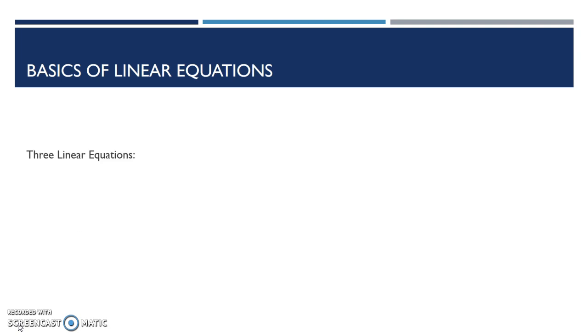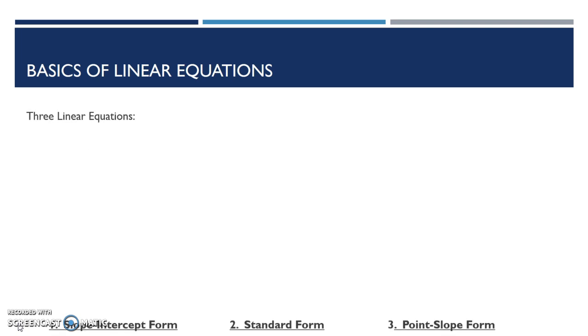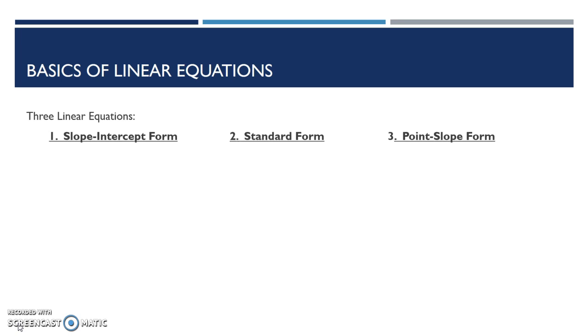First of all, you should know that there are three basic forms of linear equations, and those three forms are slope-intercept form, standard form, and point-slope form. Well, the most common is slope-intercept form. That's y equals mx plus b, and you're probably familiar with that, probably more so than the other two.